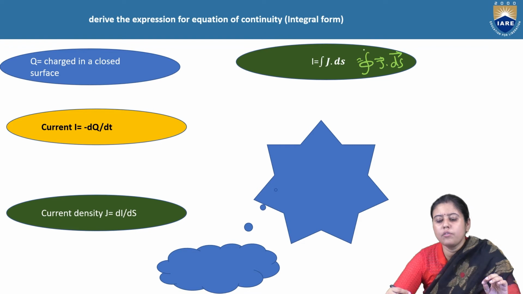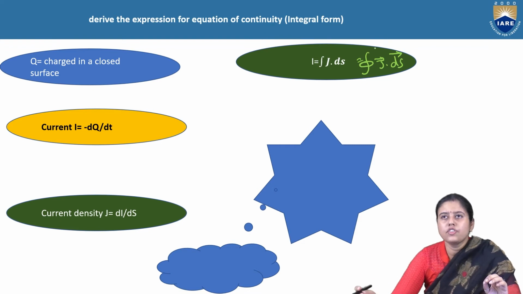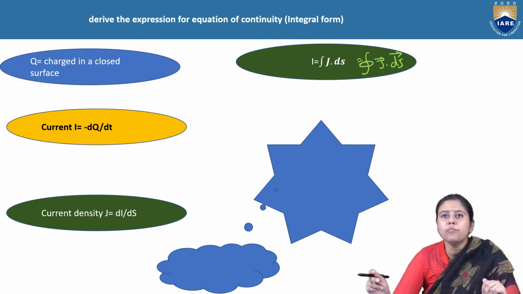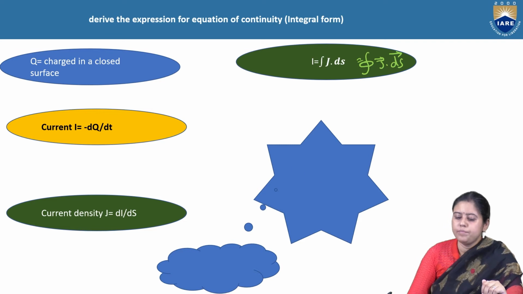So it is better to write the closed path integration of J dot ds. Here I have used the bold letter to tell that it is a vector quantity. Either you can give the arrow or you can use the bold letter to tell about the vector quantity.